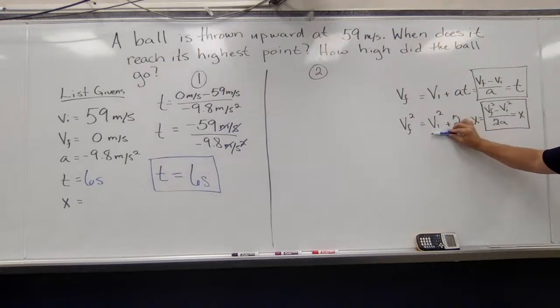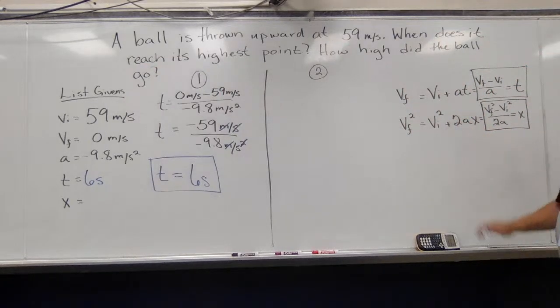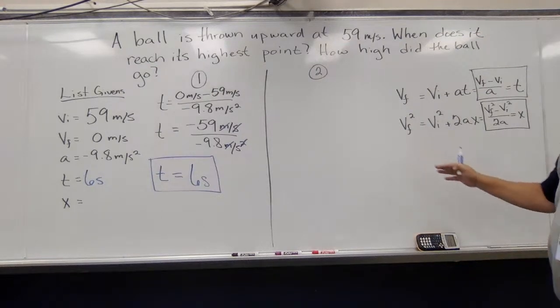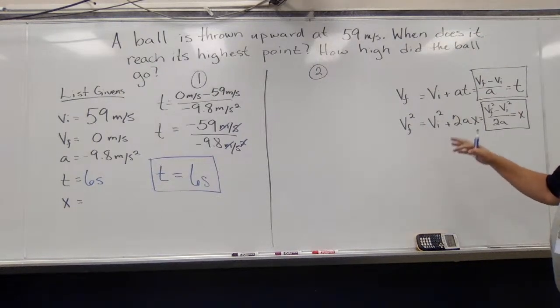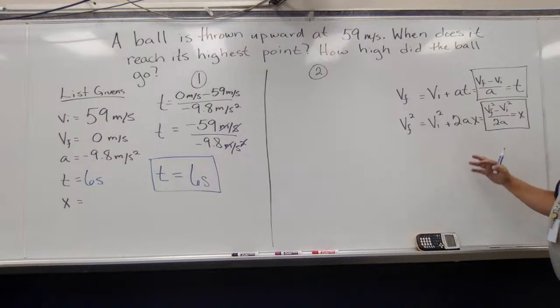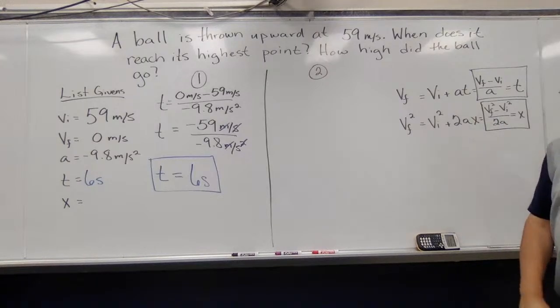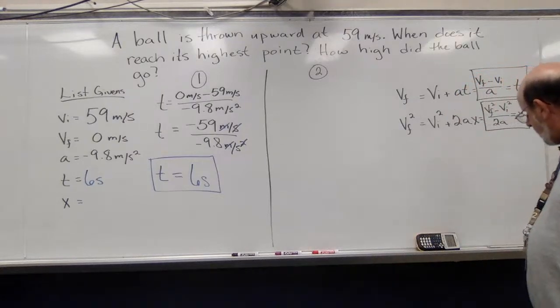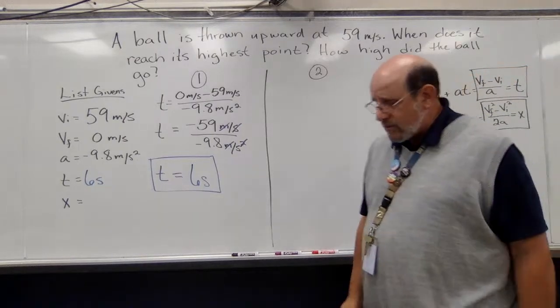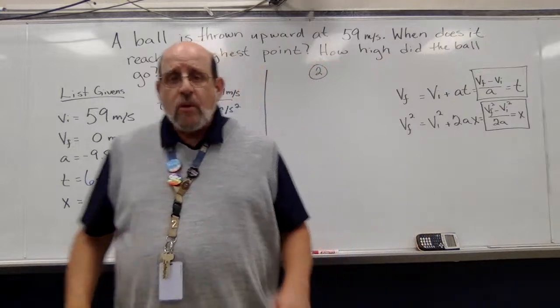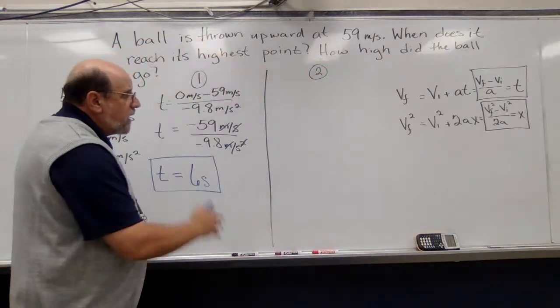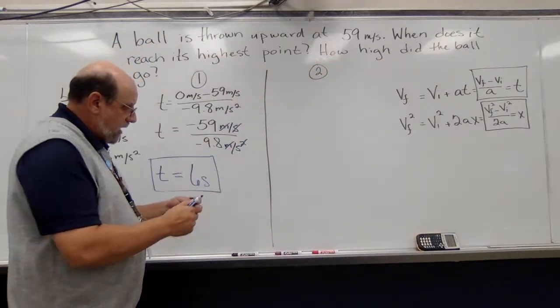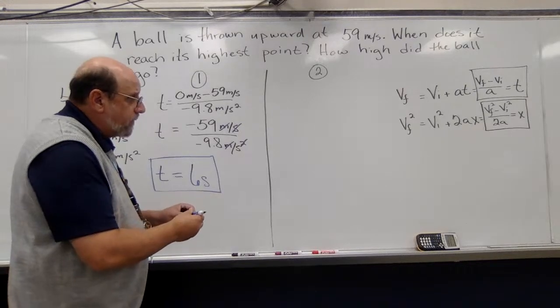We can just use formula number 2. Could we have used number 3, x final equals x initial plus v initial t plus 1/2 a t squared? Yeah, absolutely. And we would come up with the same answer. We'd still come up with our 177.6. But I digress. Let's go ahead and talk about our 178 in a different way.